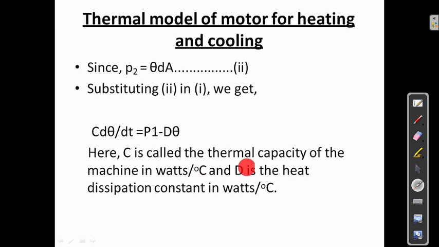Here C is called the thermal capacity of the machine in watts per degree centigrade, and D is the heat dissipation constant in watts per degree centigrade.